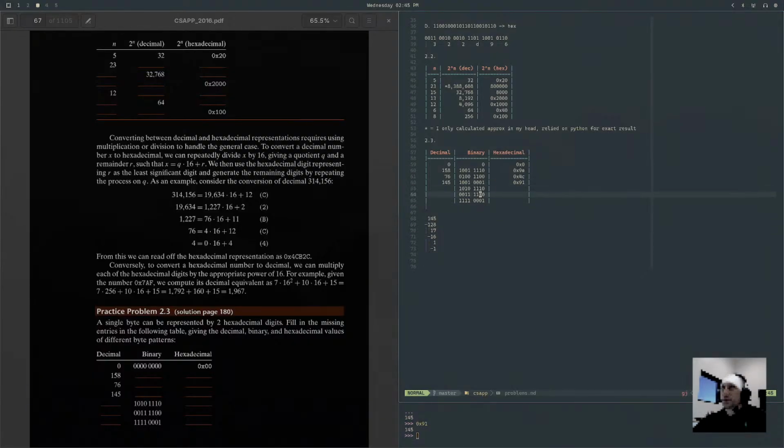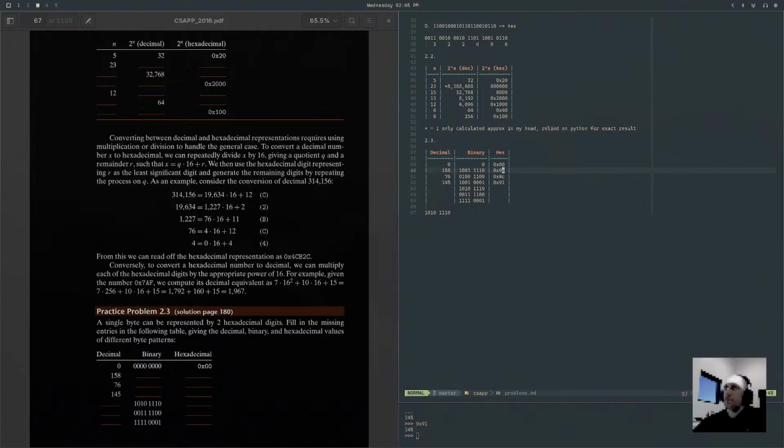Alright, so now we got the opposite here. We have the binary. We want to go to hexadecimal and decimal. I can do some of these in line. I guess they're all going to be limited to 2 characters, so I can just say hex here. That'll shorten this a little bit, keep it more compact.